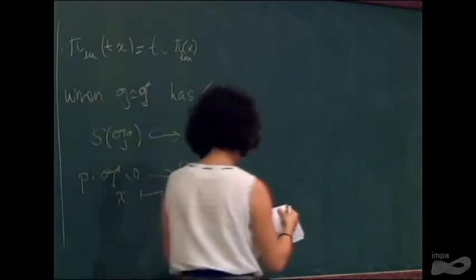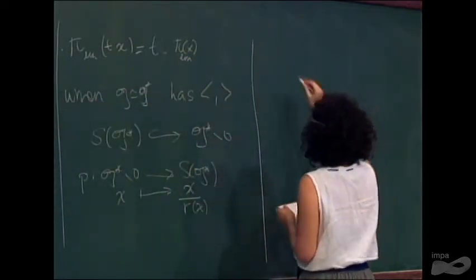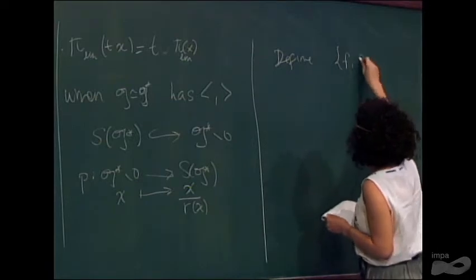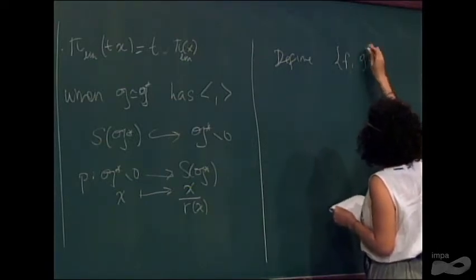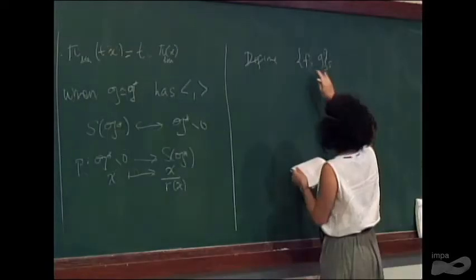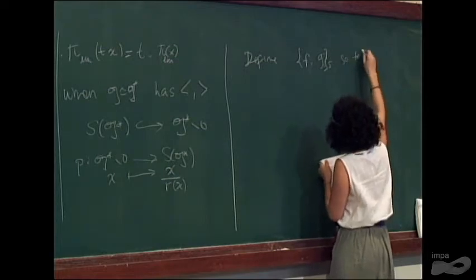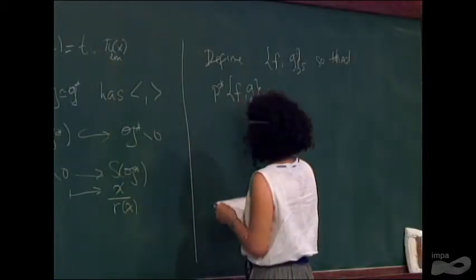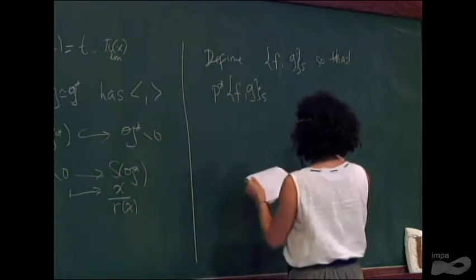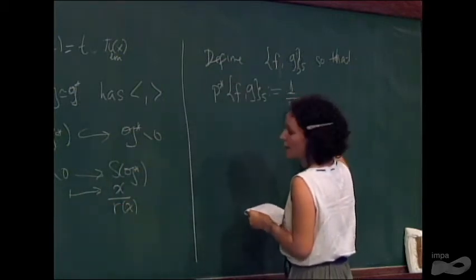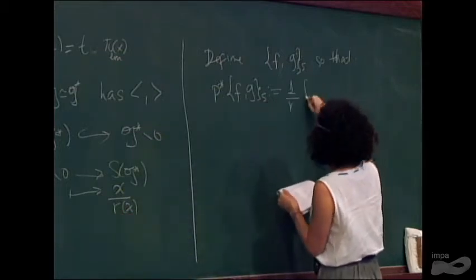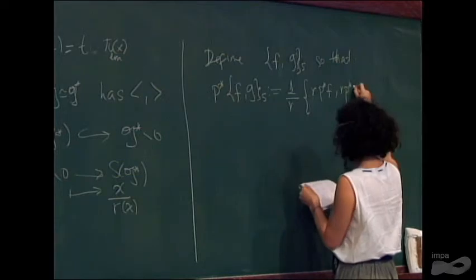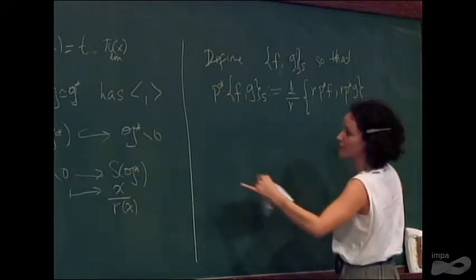And then you define the bracket of two functions on this space by the following rule: the pullback of this bracket is equal to 1 over R, where R is the norm, times the bracket of R P star of F, R P star of G. This is the Poisson bracket on this space.